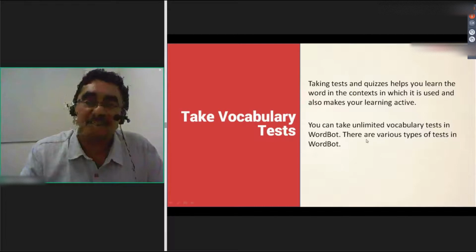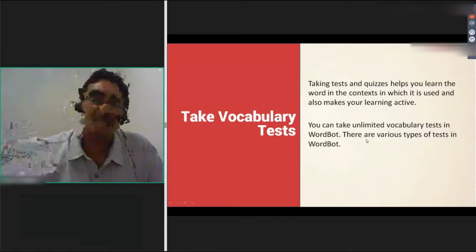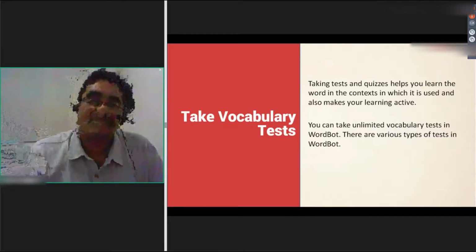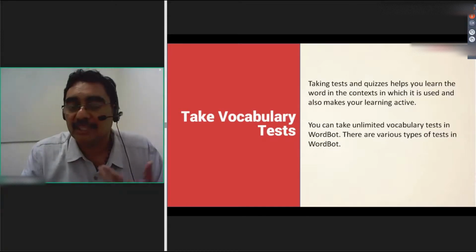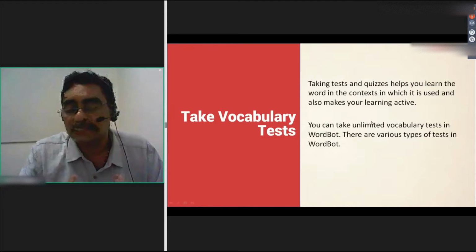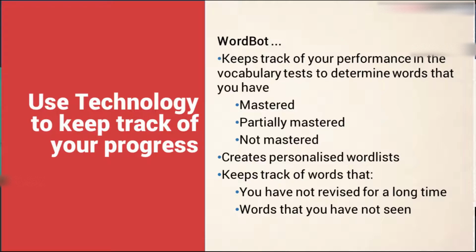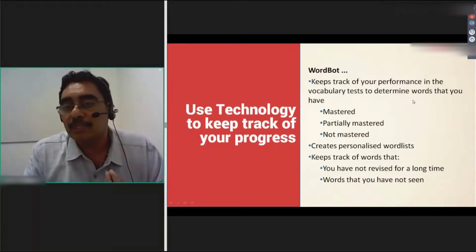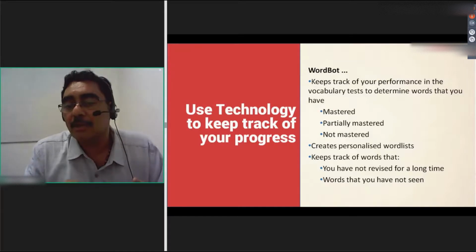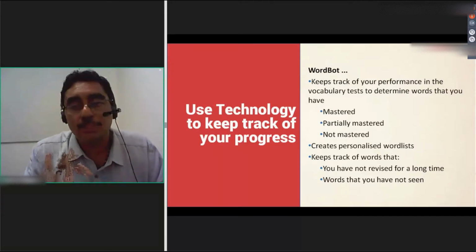So this test is also one good way, apart from images and so on, making out your own usage sentence. Once you amass a certain vocabulary, some 200, 300 or 400 words, it's best to start taking vocab tests. And the test in WordBot, it's a bot, so it keeps track of your results, and it slowly starts identifying words which are totally mastered, words which are only partially mastered.